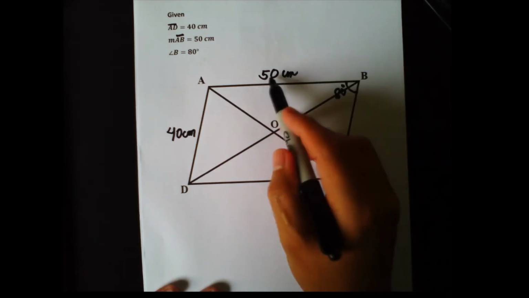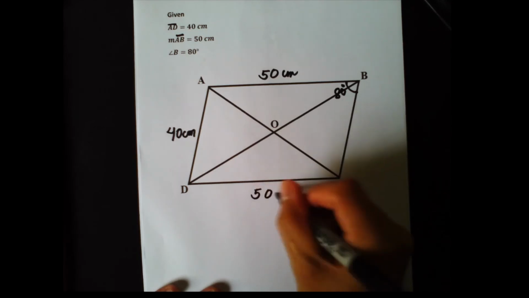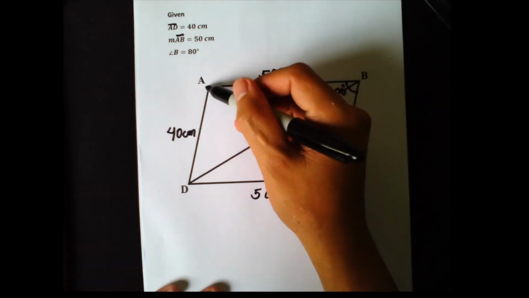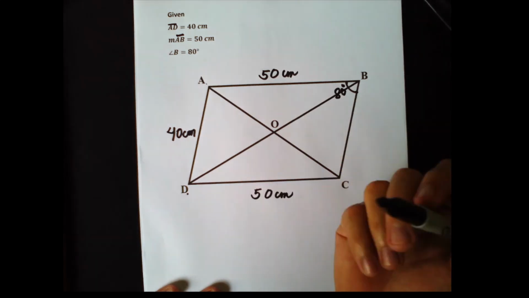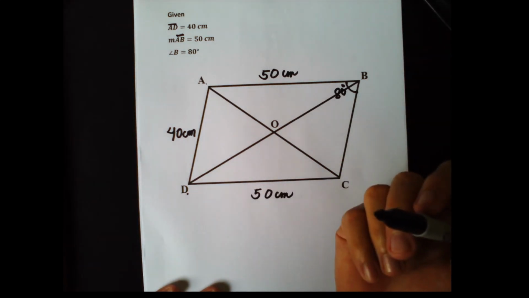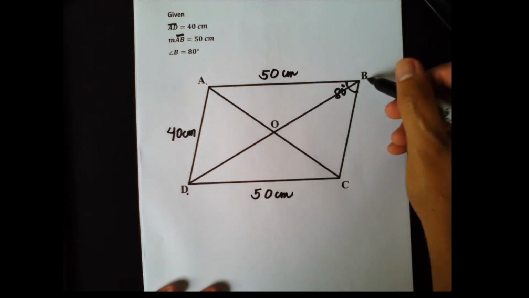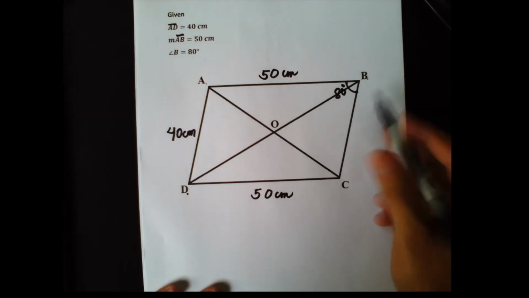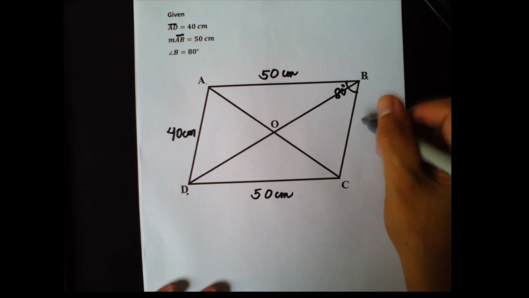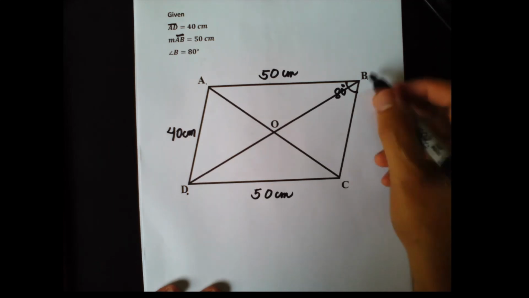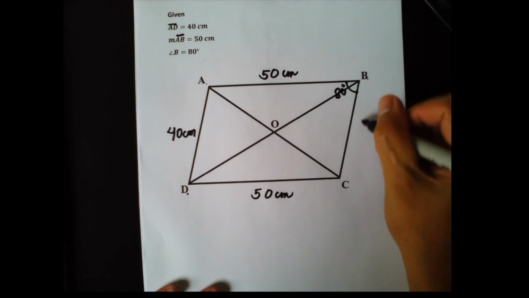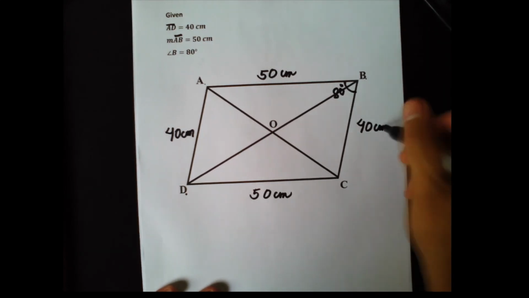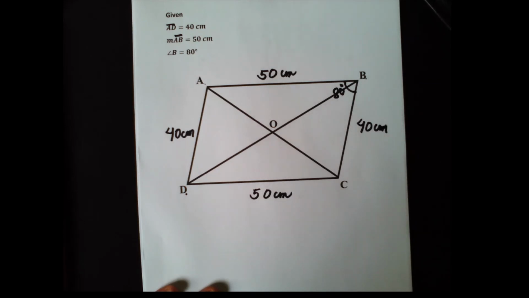Therefore, if this is 50 centimeters, this is also 50 centimeters. Line AD's opposite side is line BC, so line BC also has a measurement of 40 cm, based on the condition.